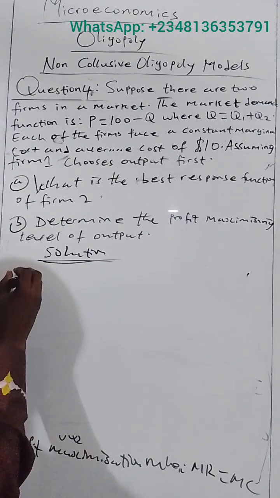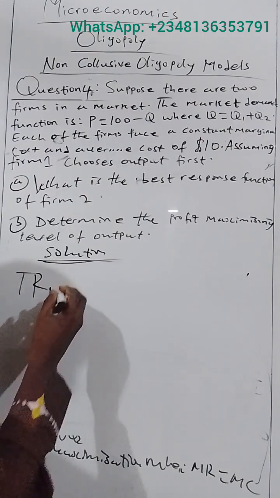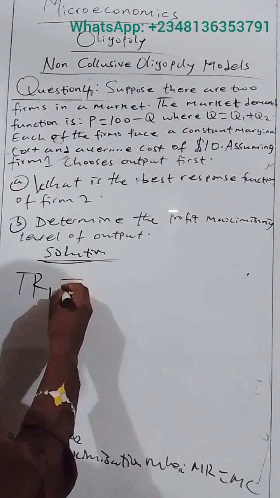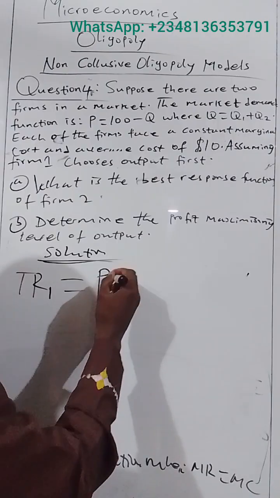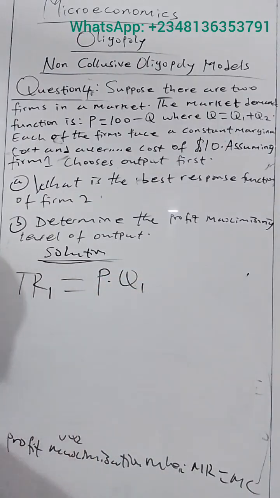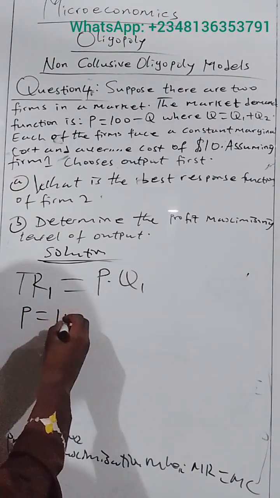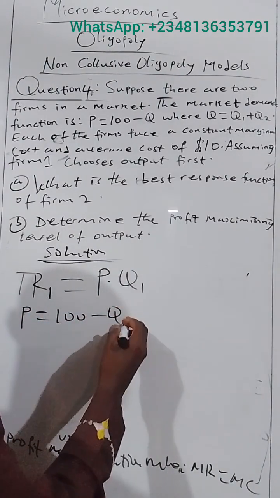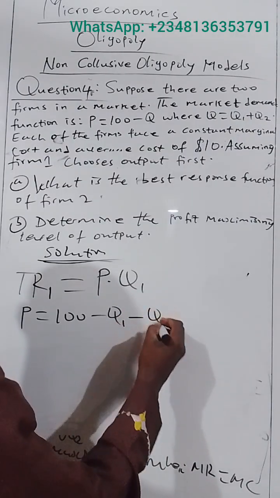So we need to first find the total revenue of firm 1, which is the leader. It's going to be equal to P multiplied by Q1. But before we do that, recall that P is equal to 100 minus Q1 minus Q2.